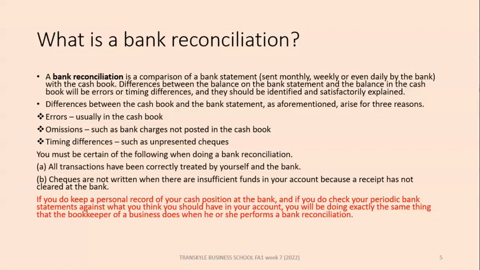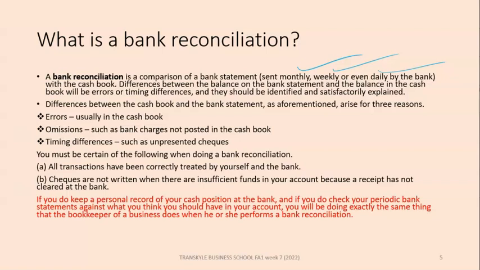A bank reconciliation is a comparison of a bank statement, sent monthly, weekly, sometimes depends on the company. Some companies send monthly, some weekly, or even daily, by the bank, with the cash book.